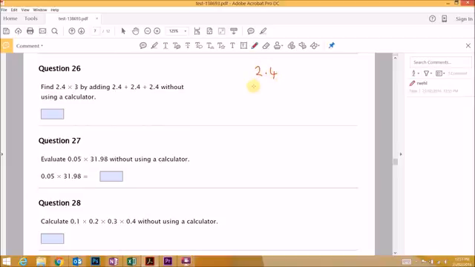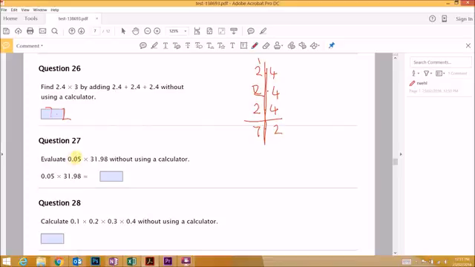So we can just set this out. Now, remember when we do addition, we leave the decimal point in. So 4, 8, 12, carry the 1, 2, 4, 6, 7, 7.2. Just make sure you line up all of your decimal points there.